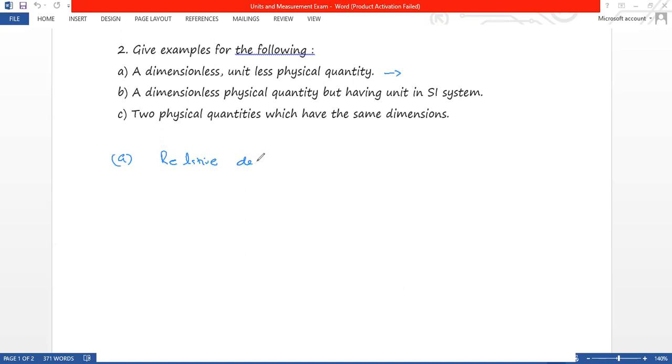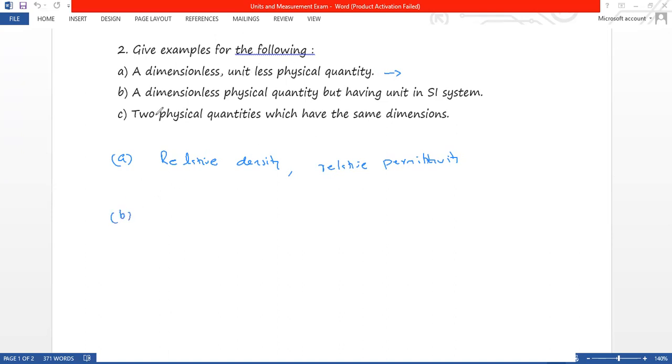Relative density, relative permittivity, etc. And coefficient of friction. These are dimensionless, unitless physical quantities.